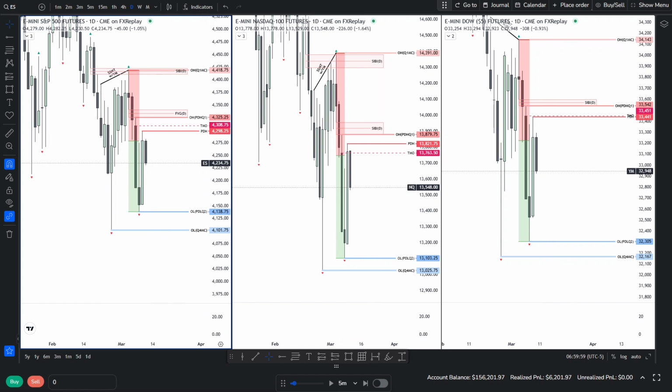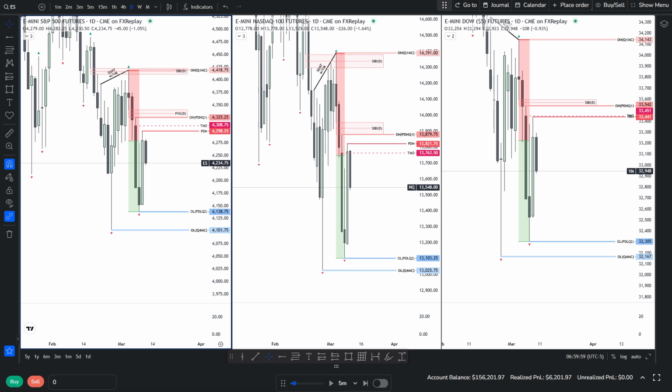So we're going to say relative to the daily TF, the market has currently traded up into a premium of the range, whereby we could see the market now target external range liquidity in the form of the old low, PDL Q2.